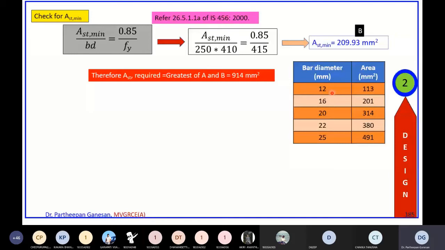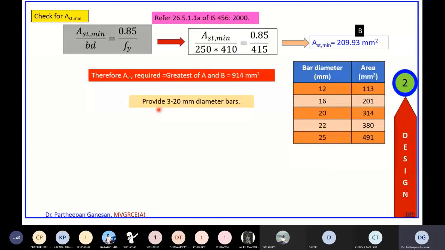As far as possible, you should have a maximum of 2 different diameters, and the diameters of the bars should also be almost the same. So here I am providing 3 numbers. I discussed all this yesterday, so I am going a little fast. Provide 3 numbers of 20 mm bar.